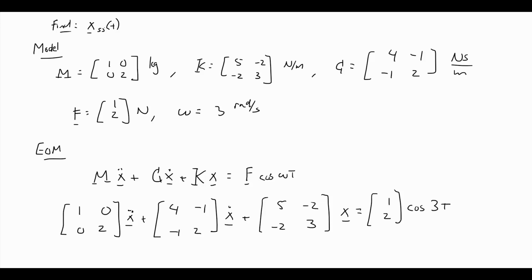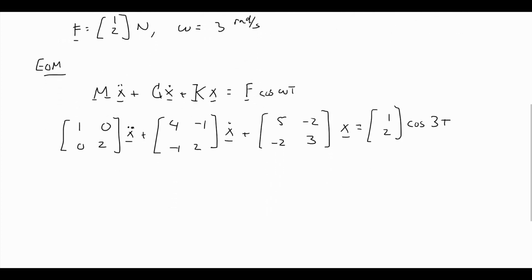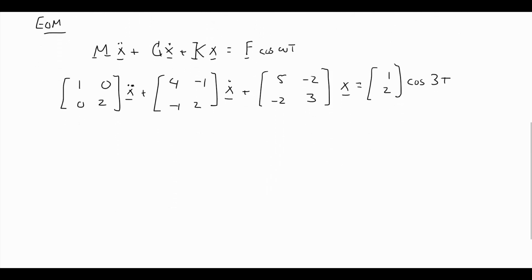And everything is in base units here, newtons, kilograms, meters, seconds. So for this problem, the modeling step, the equation of motion step, is pretty trivial since we're given so much of the information. Usually that will be more to handle.